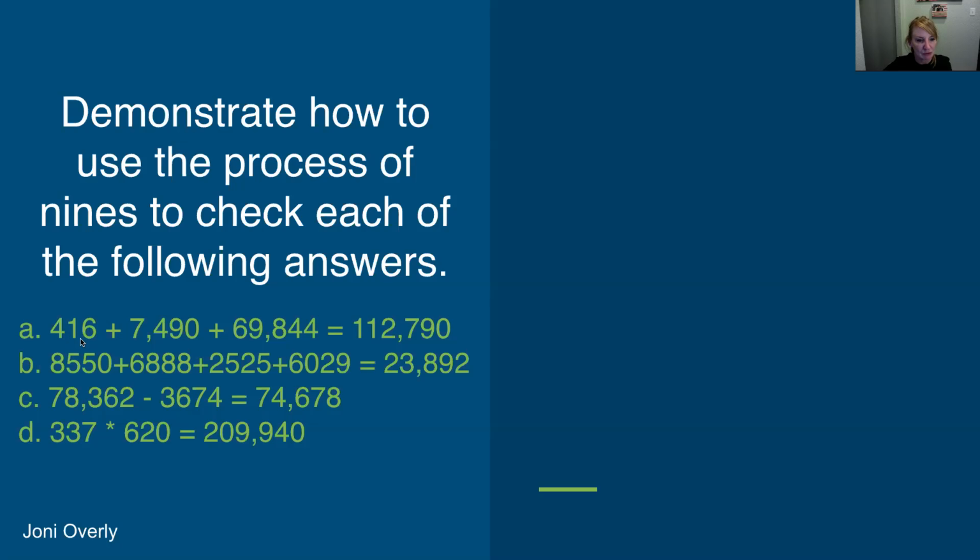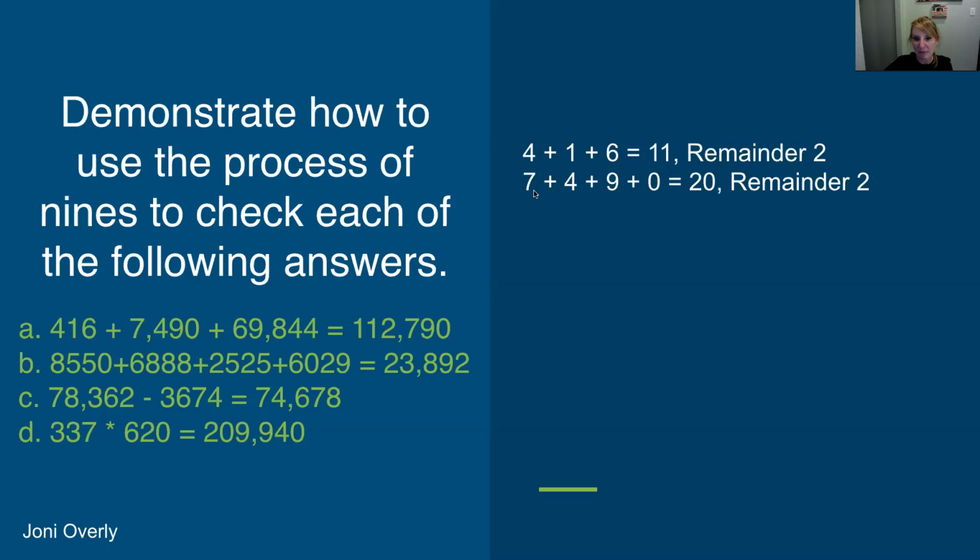So we have 416, and we're going to calculate the sum up. So 4 plus 1 plus 6 equals 11, remainder 2, and then we are going to do the 7 plus 4 plus 9 plus 0 equals 20, with a remainder of 2. And then we're going to do the 6 plus 9 plus 8 plus 4 plus 4 equals 31, with the remainder of 4.